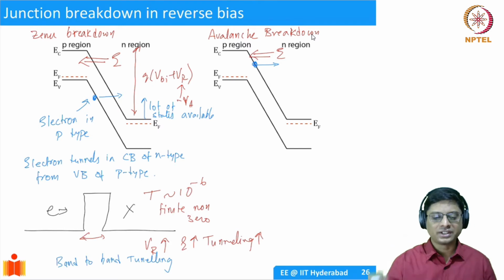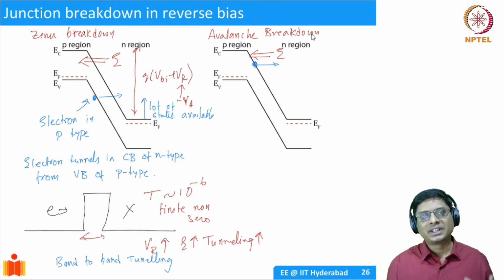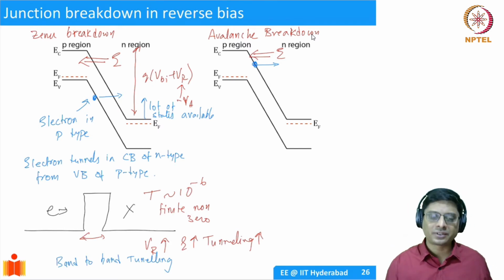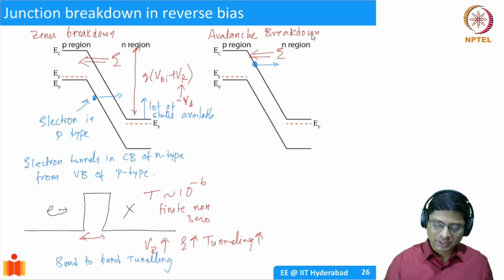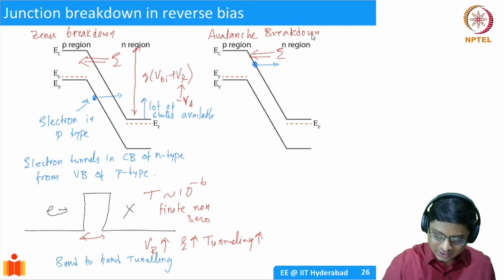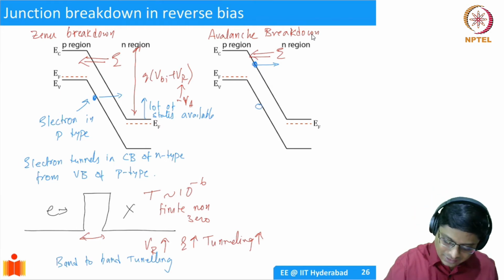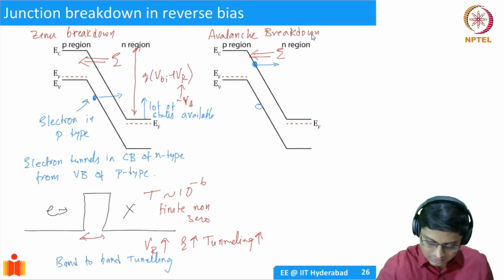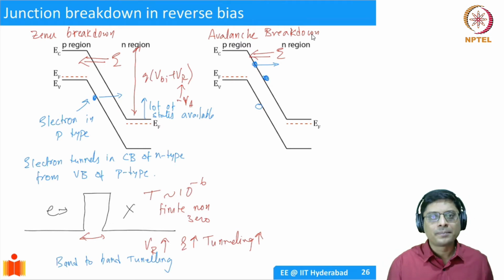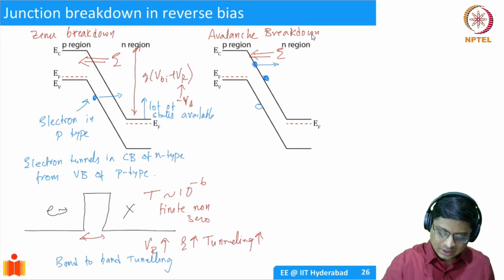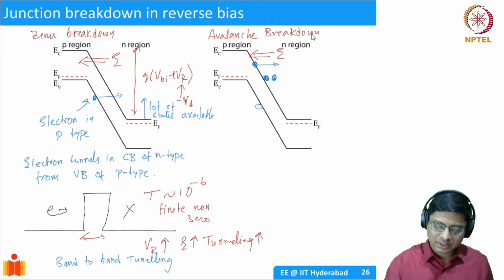It has kinetic energy, and with that kinetic energy, it can knock off an electron from the lattice. It can knock off an electron from the lattice and create a hole in the valence band and an electron in the conduction band. And then there's also the original electron, right?